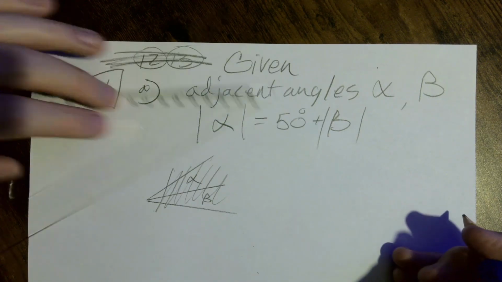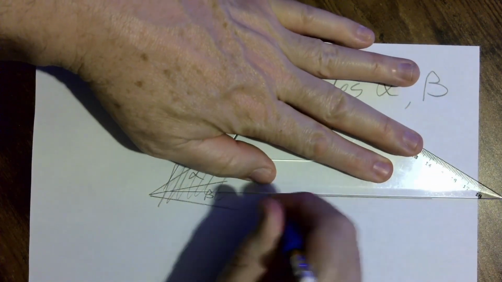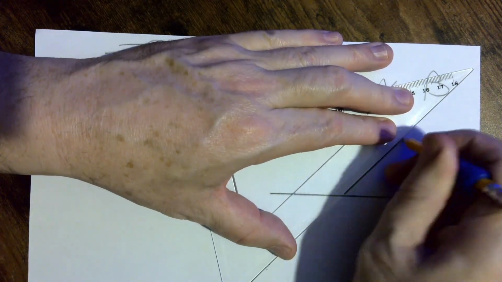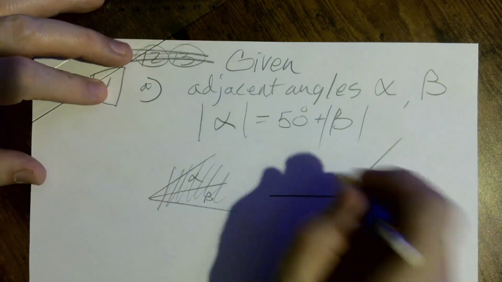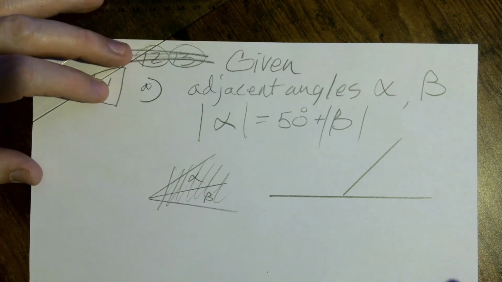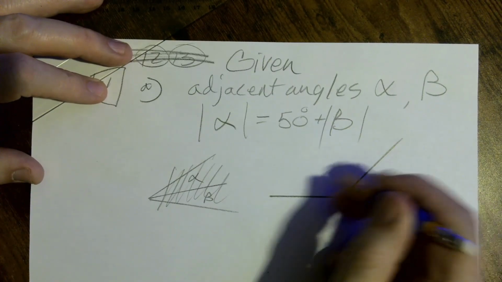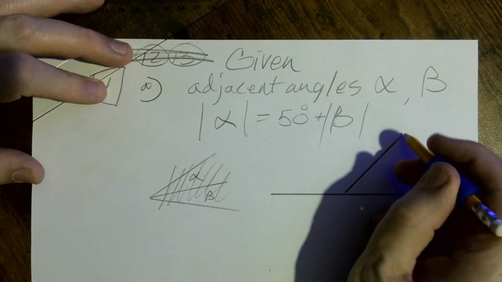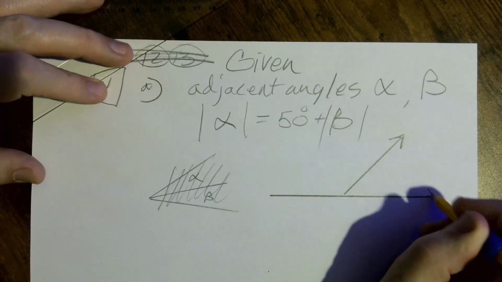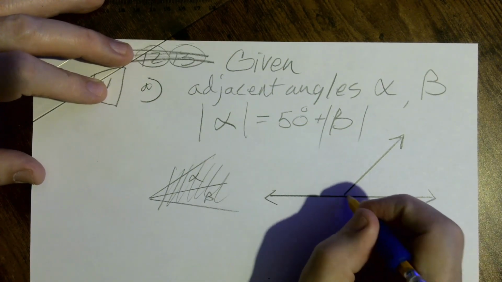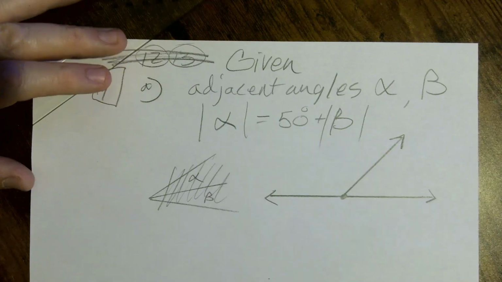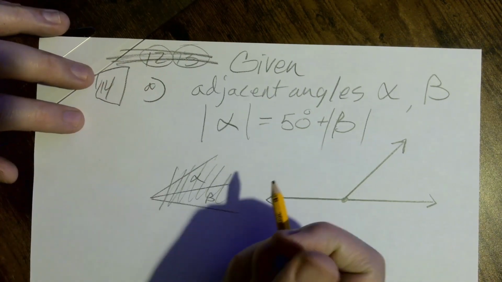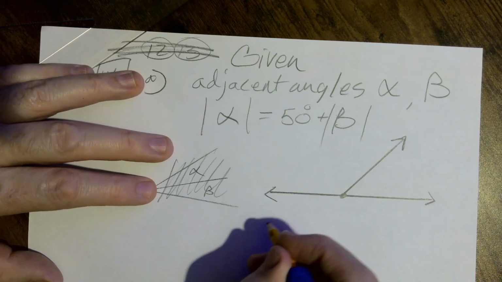They are a linear pair. So there's a line, and then there's one line coming off that, and that's where alpha and beta come from. Adjacent angles form a straight angle. So here's our angles. One's alpha, one's beta. So they're a linear pair. They're supplementary.